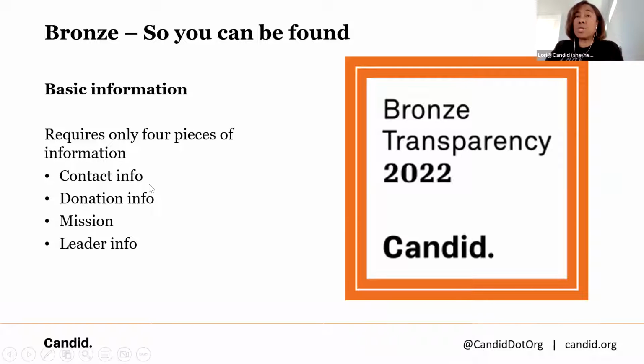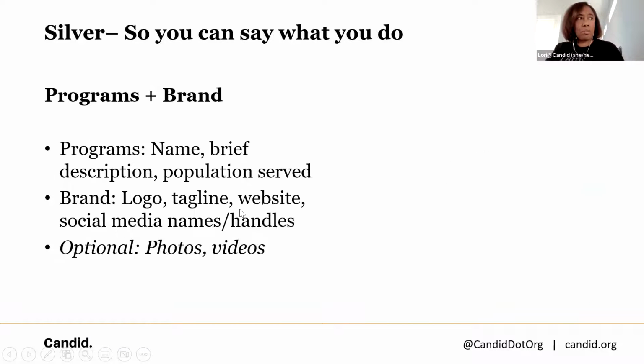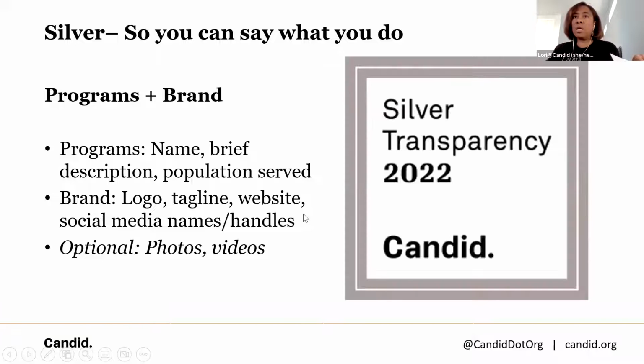It only requires your contact and donation info, your mission, and your leadership. Silver builds on that, but here you also add information on programs and the population served. Organizations can put in their brand name, their logo, links to their website, and any photos and videos. That's the silver level.